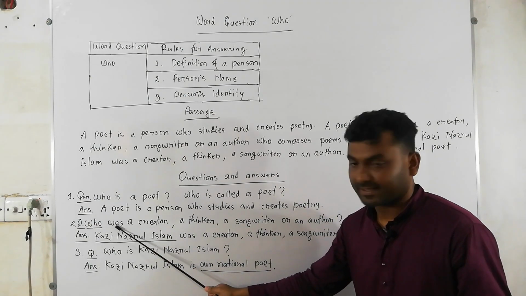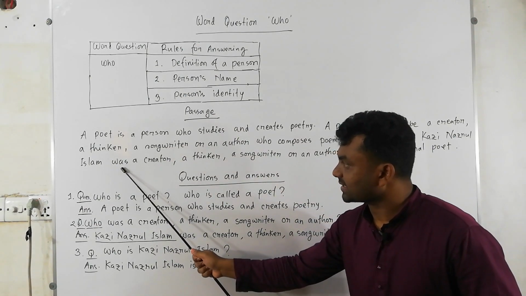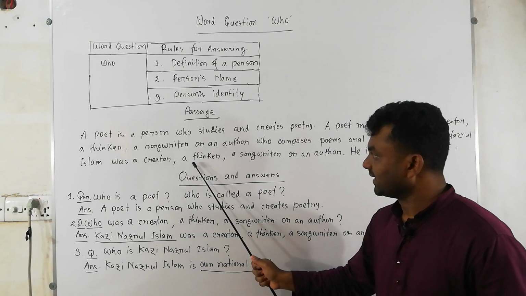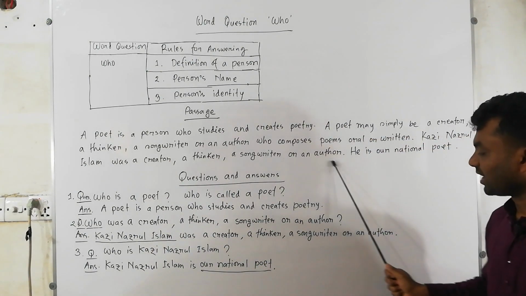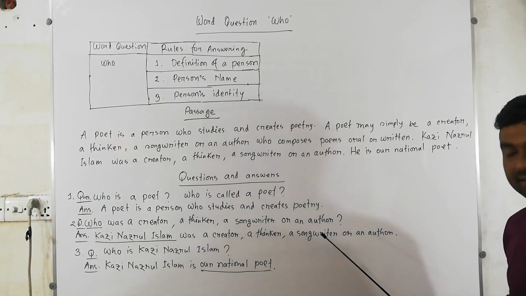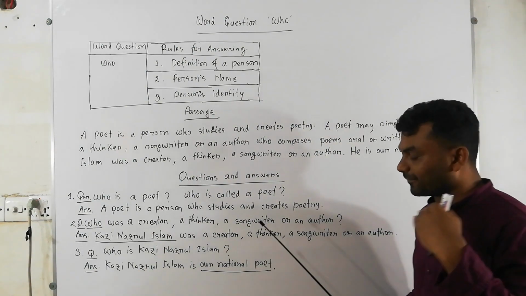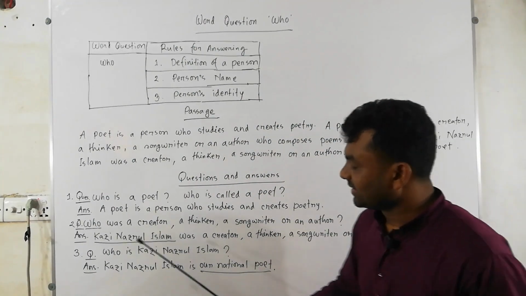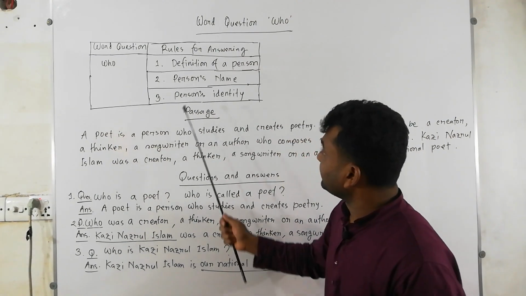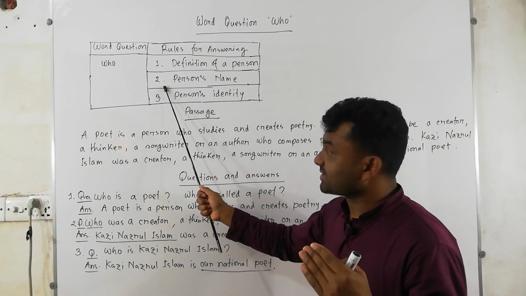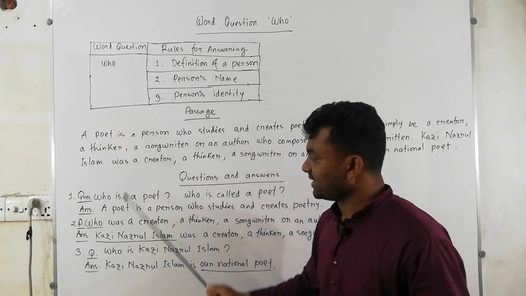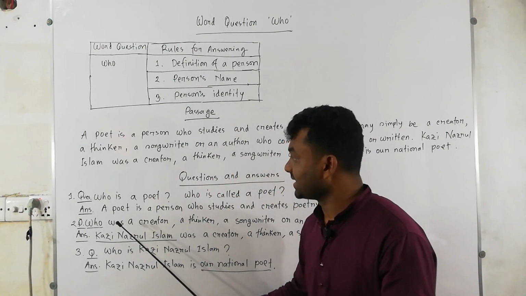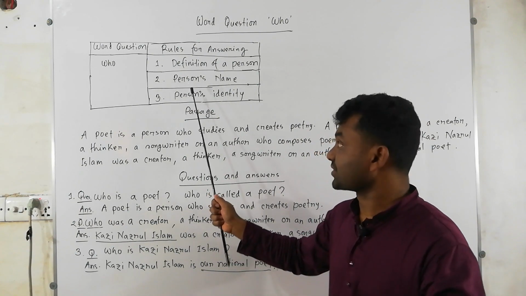Take a look at was a creator, a thinker, a songwriter, or an author. Okay, it is fully similar. Now we got it: in number 2 the rule is for answering with a person's name. So these questions are demanding that we write down a person's name.